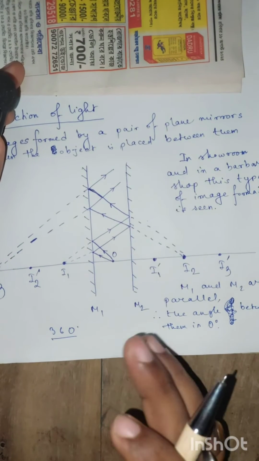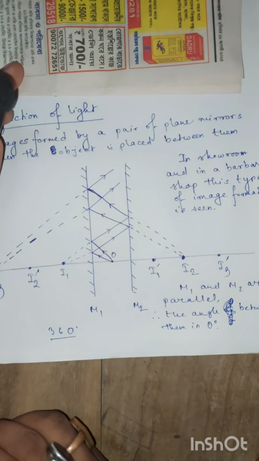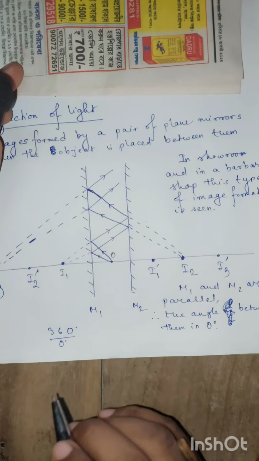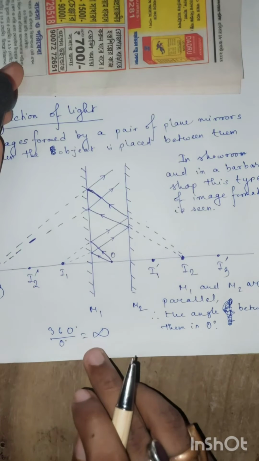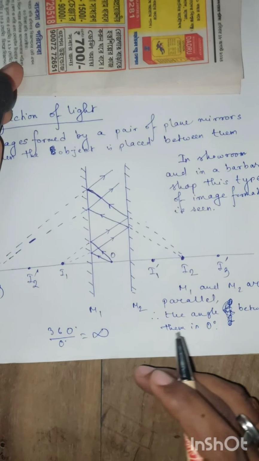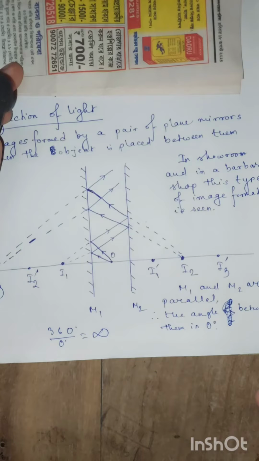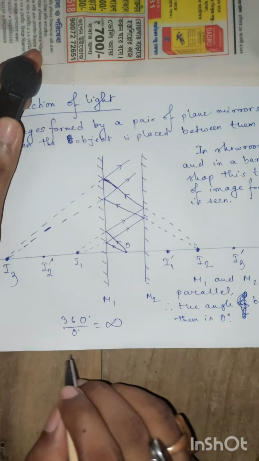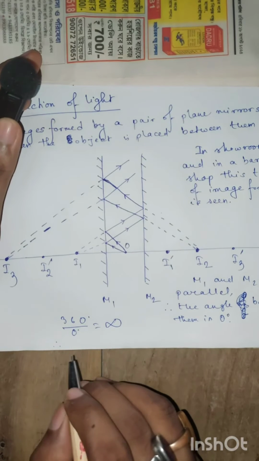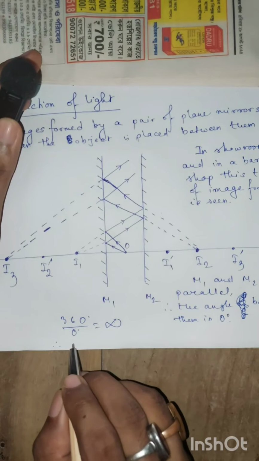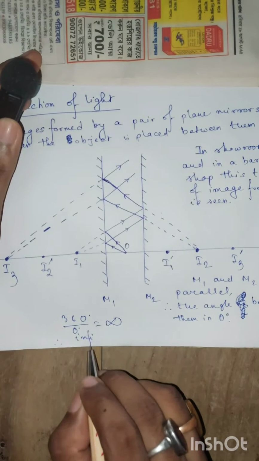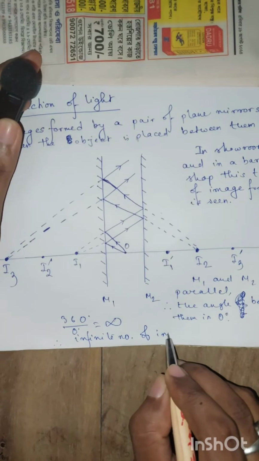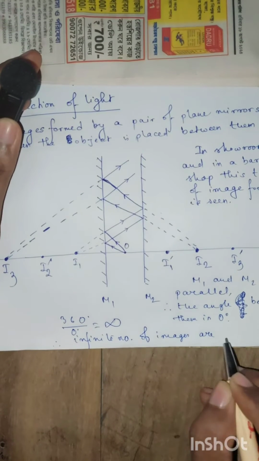Theta means in this case the angle between two mirrors is 0 degree. So 360 degree by 0 degree, it gives us infinity. That means we get infinite number of images. Therefore we can say infinite number of images are formed.